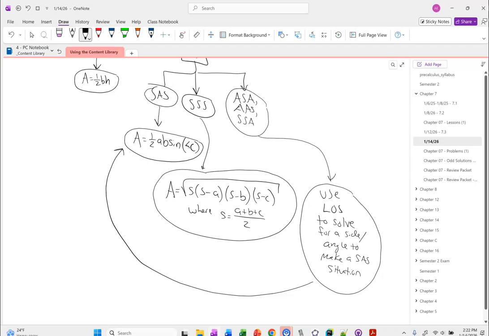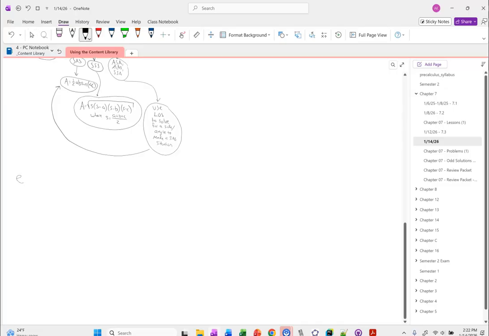Let's look at an example. So we're looking for the area of the triangle, where angle A is 43 degrees, side B is 10 feet, and side C is 27 feet.